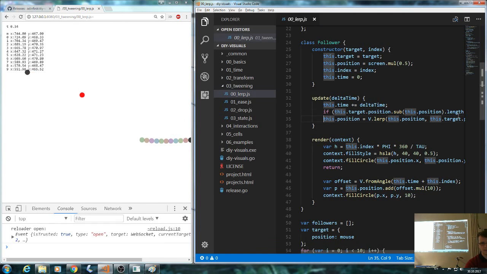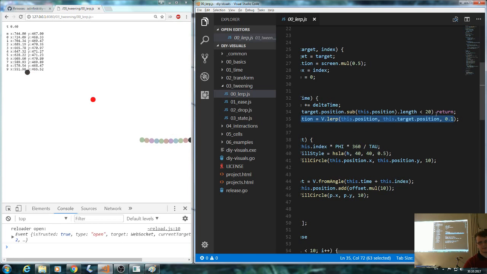Here is this lerp where we take the previous position, the target where we want to move, and then move 1/10 of the way towards that target. So this means that we get this tail here. And when we modify this number, how fast it tries to move, we get this faster tail.